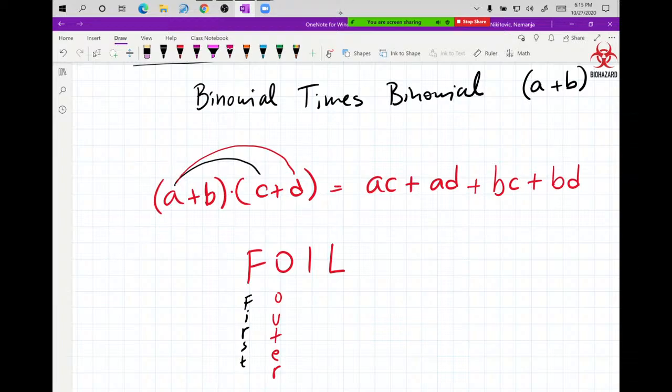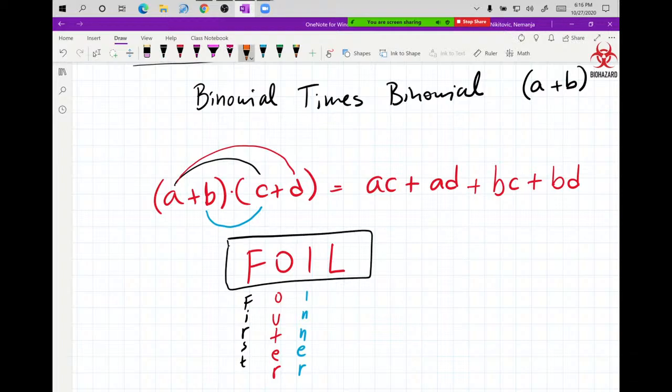And then I have the next one, let's go blue, b times c. That's inner. And finally, we have L, which stands for last. And that one we can go orange, let's say. So that's last. And last means last. b is last in its parenthesis, and d is last in its parenthesis.